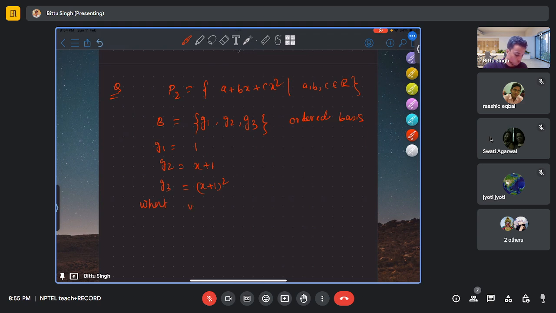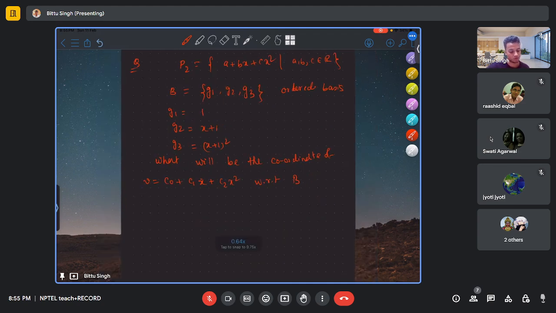What will be the coordinate of a general point C0 plus C1x plus C2x square, this vector, with respect to the given basis B? What will be the coordinate?